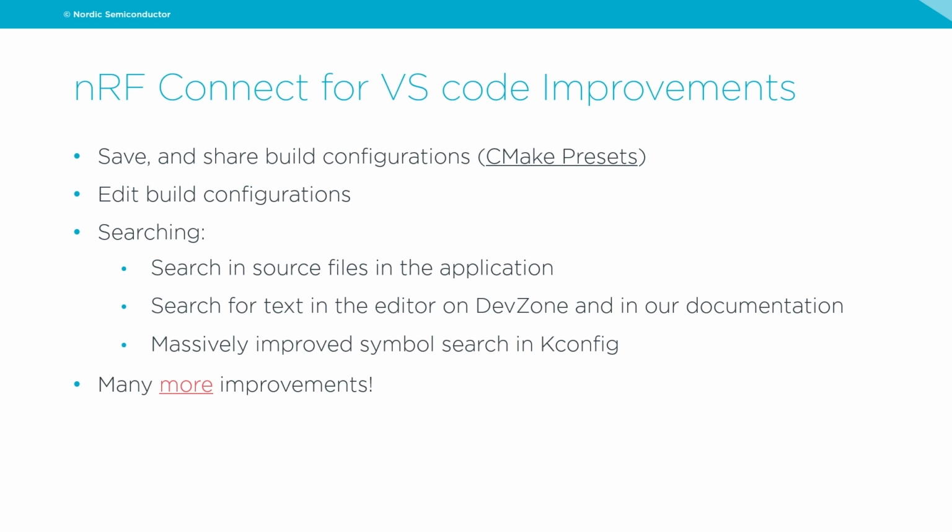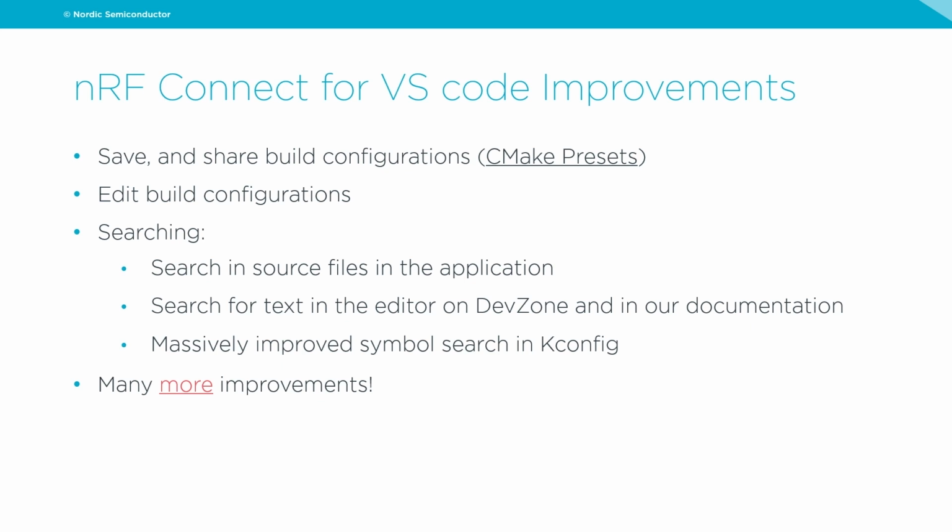It's quite convenient. We have also improved searching within the nRF Connect for Visual Studio Code extension. You can search only in the source files of the application. You can search the text that you selected directly in DevZone or in our nRF Connect SDK documentation.